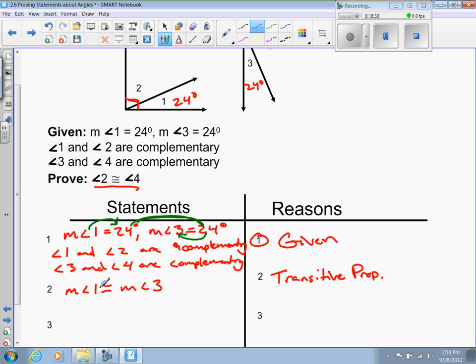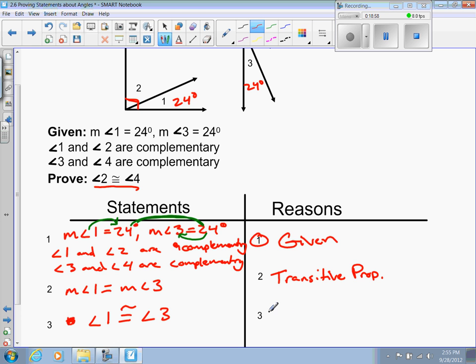From here, I have their measures being equal, but it'd be nice if we knew if angle 1 was congruent to angle 3. Because then we could use that congruence complements theorem, okay? So I'm going to say not the measure, just angle 1 is congruent to angle 3.